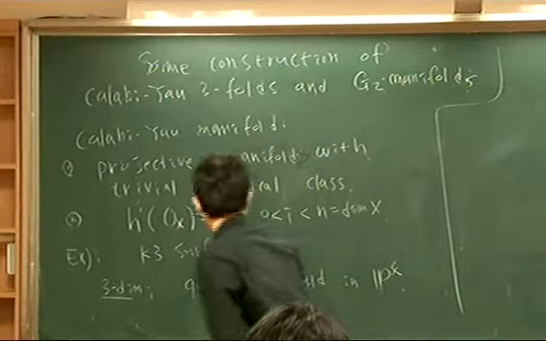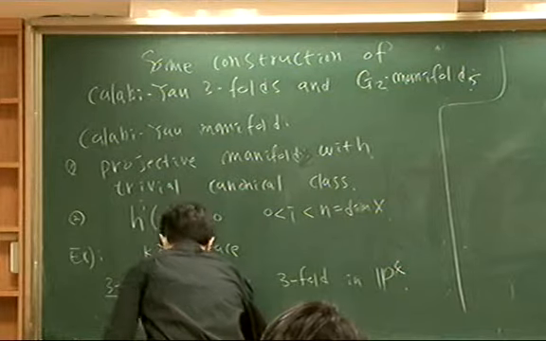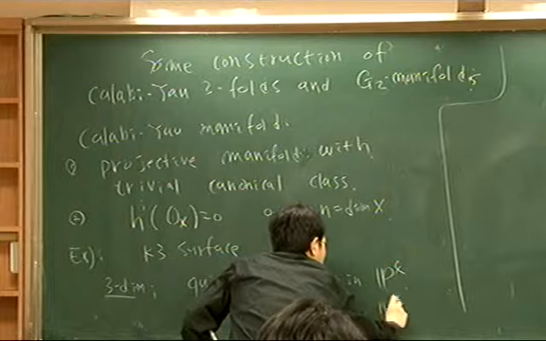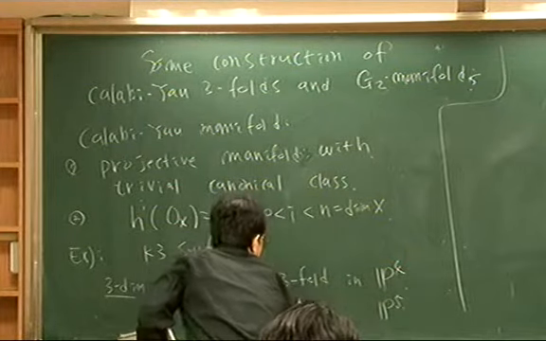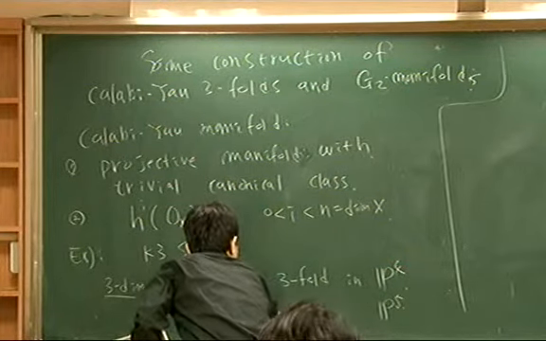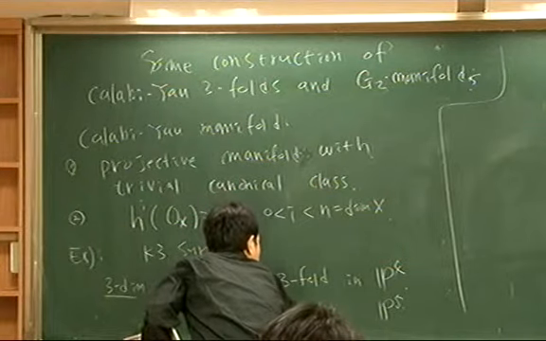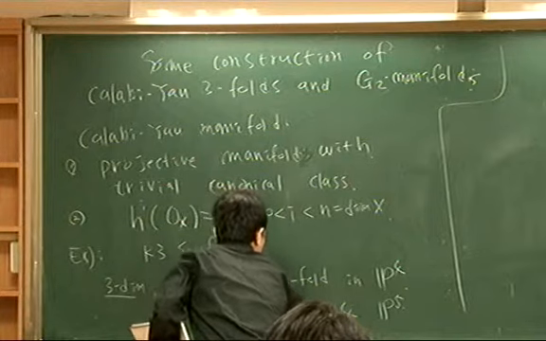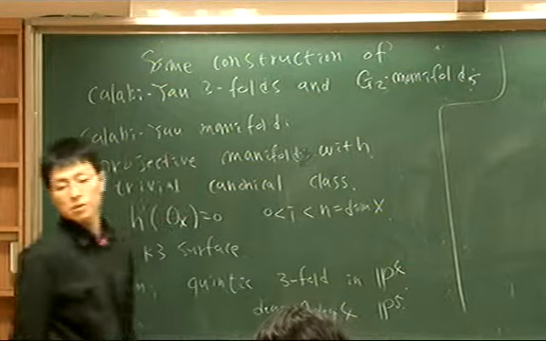Or, let's say, the intersection of a quadric and a quartic in P5, degree 2 and degree 4. This is also Calabi-Yau.